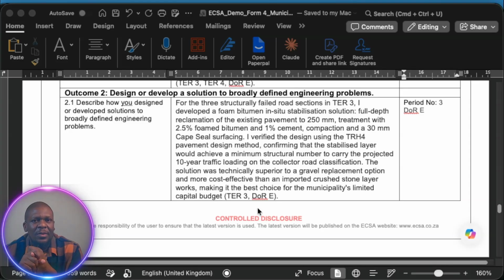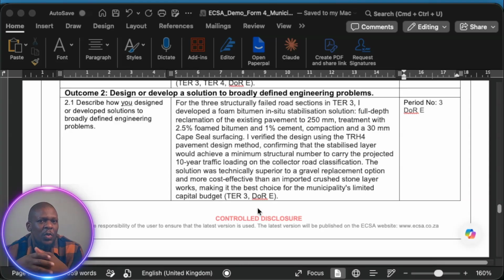The first option is to use foam bitumen in situ stabilization, or you can use cement stabilization, or you can use rehabilitation of that road. So you are presenting various options that you will actually perform.